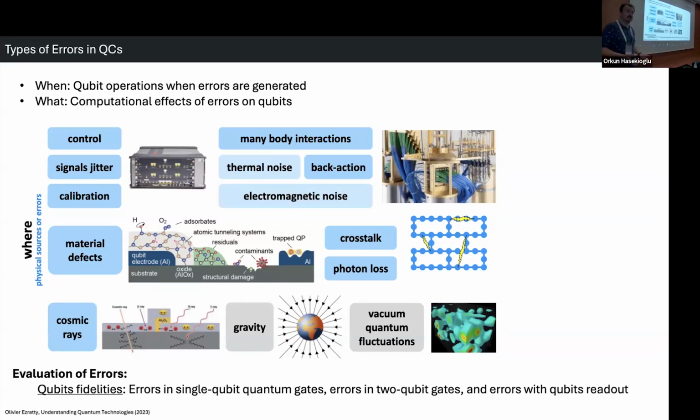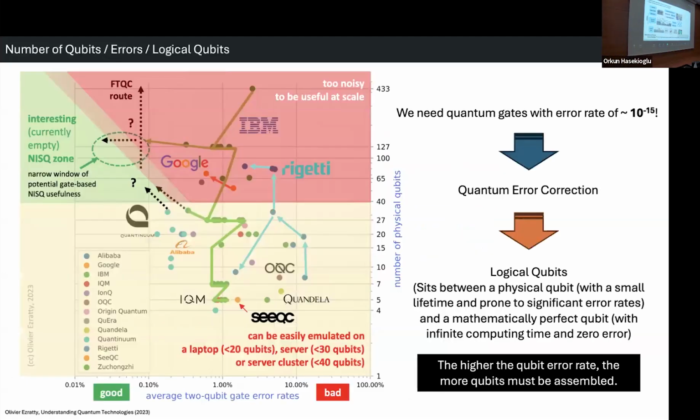For example, if you are working with a continuous variable system, you are already working in this region, so it also affects your systems. All of them introduce some error. It might depend on your system, your material, or the environment. But what is good? What do you need? We need a quantum gate error rate of 10 to the minus 15.